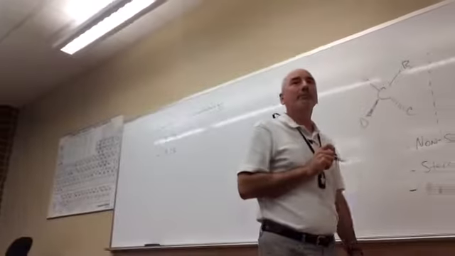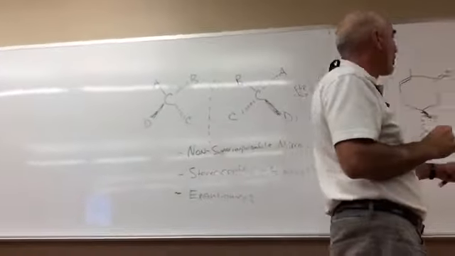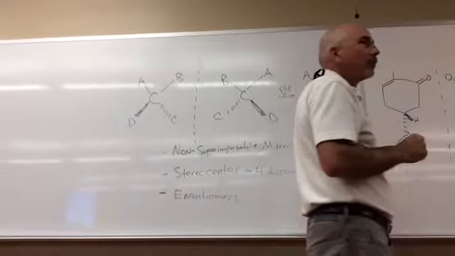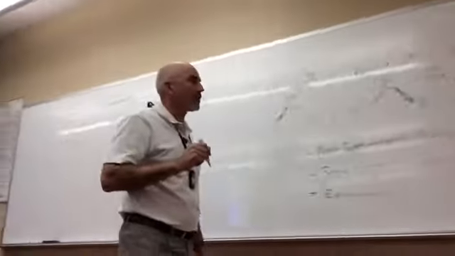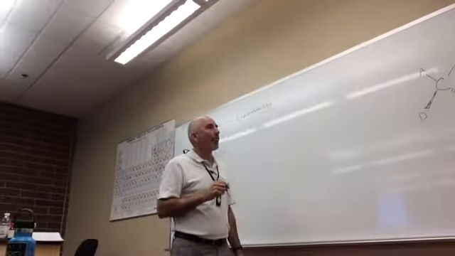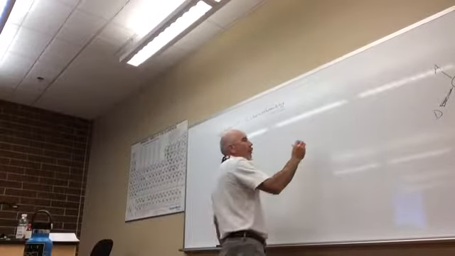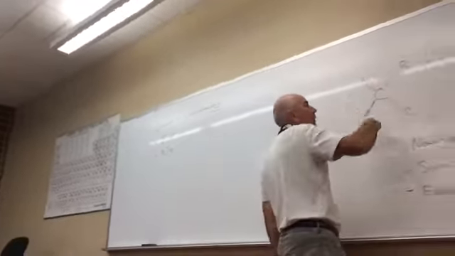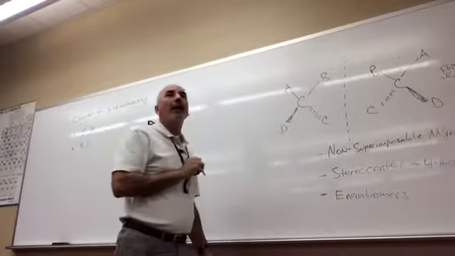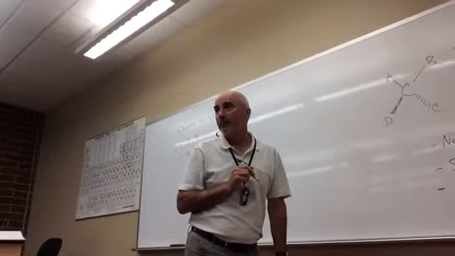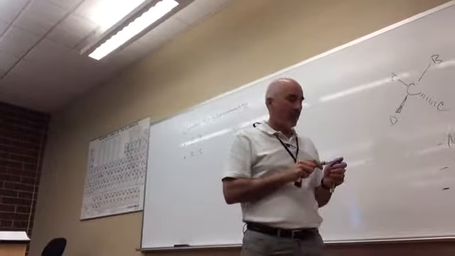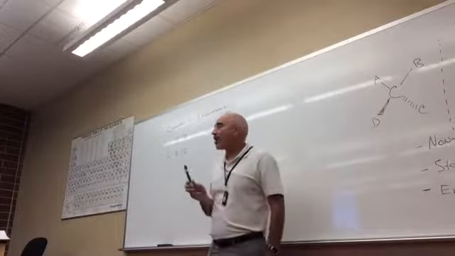Okay. All right. So, R and S. Let's figure out which ones, if I've labeled them right. I should have maybe paid better attention or looked at my notes. But the way it works is, we'll just start here. We're going to give groups a priority, and the priority is based on atomic number.